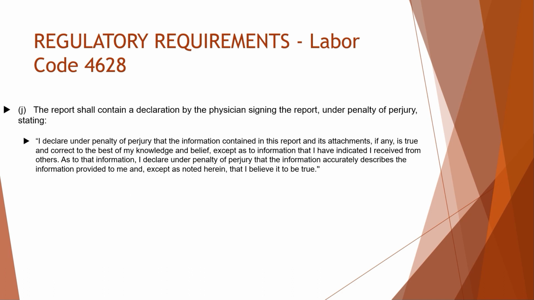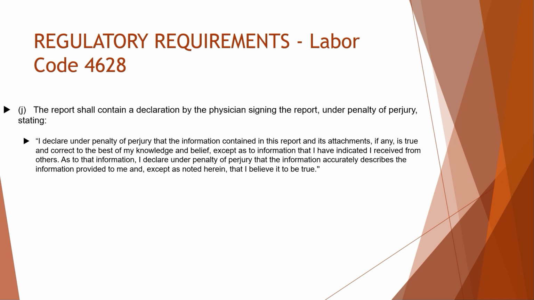Okay, and let's finish up now with Labor Code 4628 with two more sections. Section J says, and this is one of the declarations that will go at the end of your report, it shall contain a declaration by the physician signing the report under penalty of perjury, which states, I declare under penalty of perjury that the information contained in this report and its attachments, if any, is true and correct to the best of my knowledge and belief, except as to information that I have indicated I received from others.